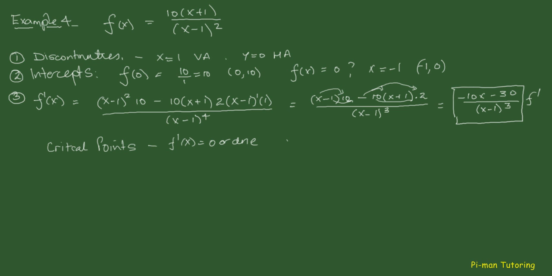So when x equals 1, we can see that f dashed of x does not exist. So there's a critical point. And the other one is when x equals negative 3, f dashed of x is equal to 0. So there's another critical point.